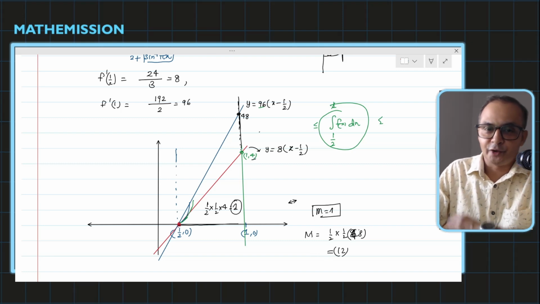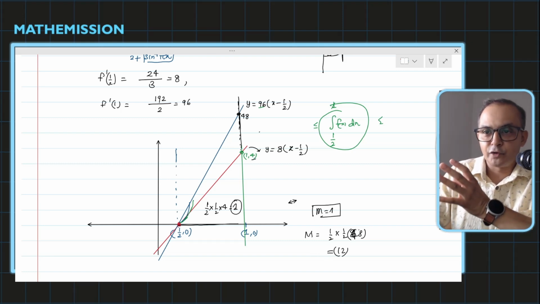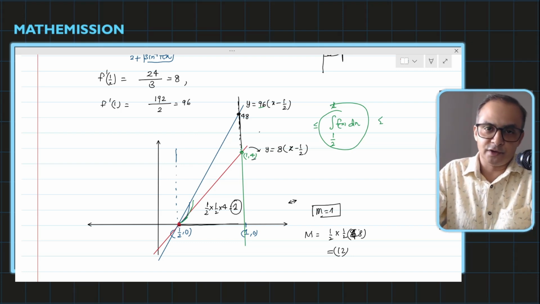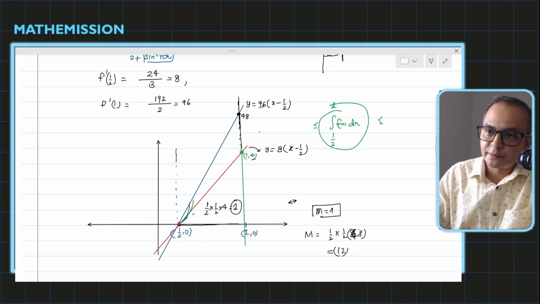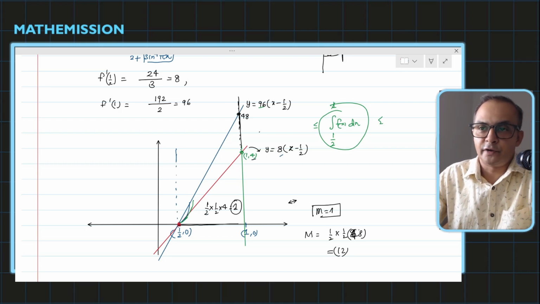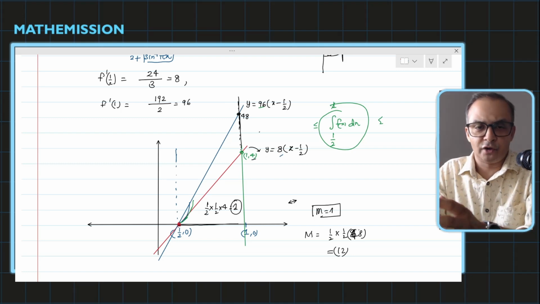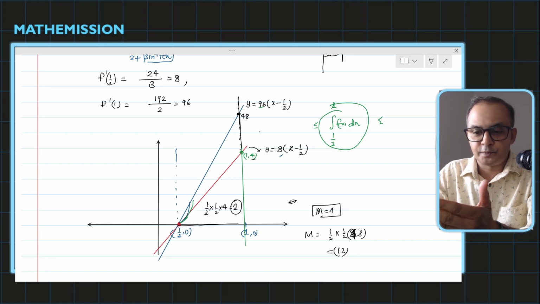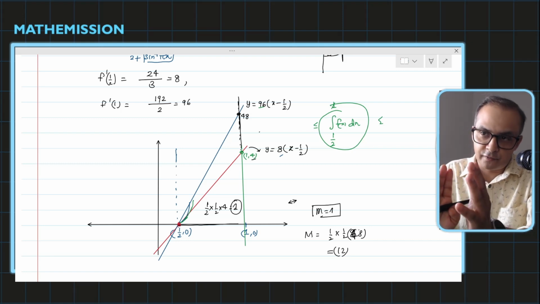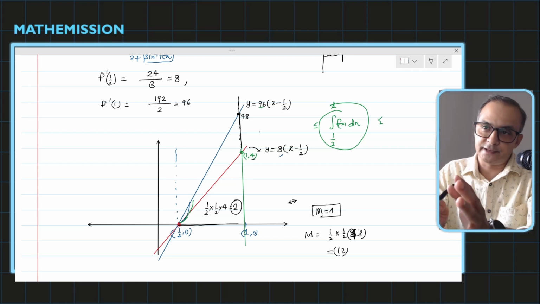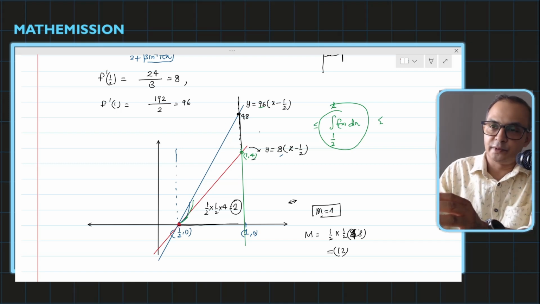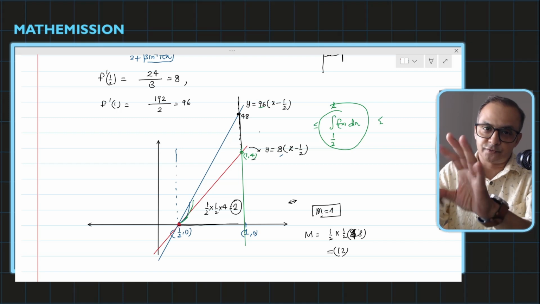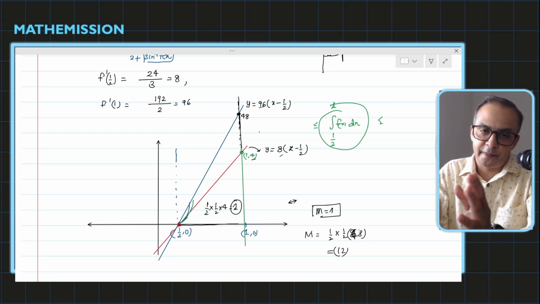So you understood that thing, that we have not done any such calculation. We simply understood the slope function and the area function, and we know that the minimum slope of the function should be 8 and the maximum slope should be 96. So whatever function we draw, their slope should lie between 8 and 96.